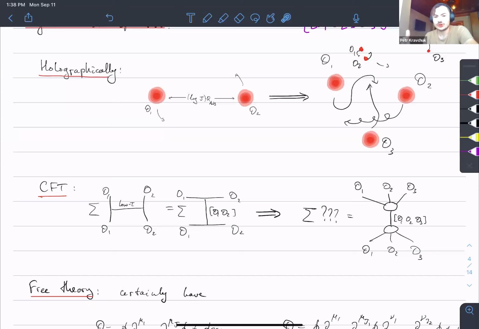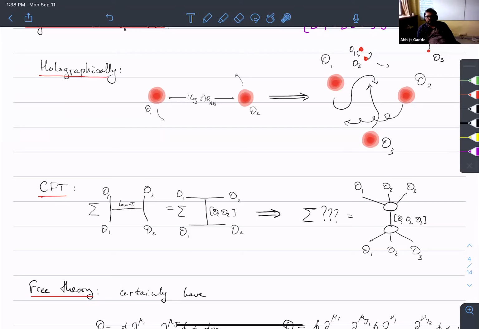Well, I guess in this picture, if you have any finite spin operator, you would just say it's a blob. Unless it is in some sense nice and has large spin, and then it might actually be constructed of several other blobs.